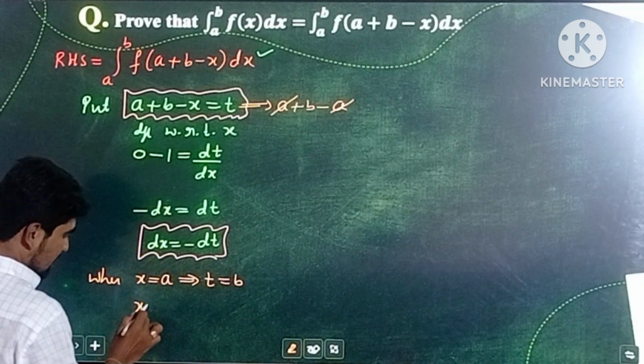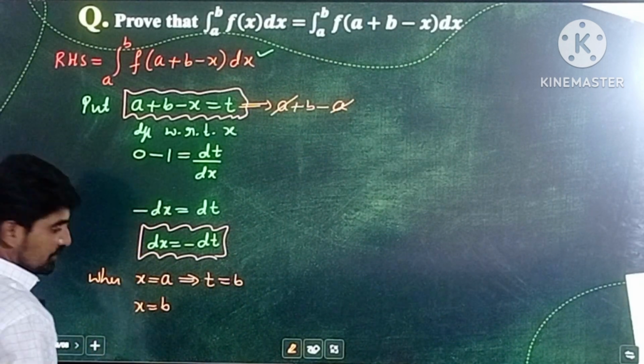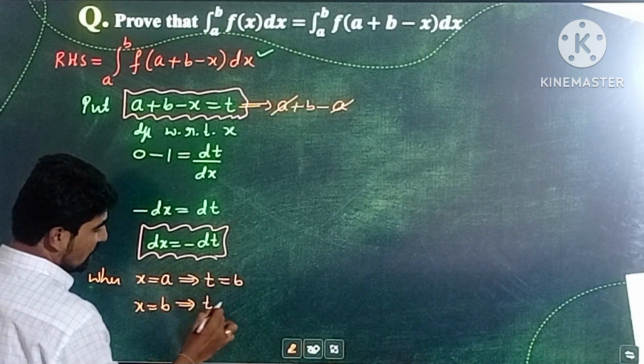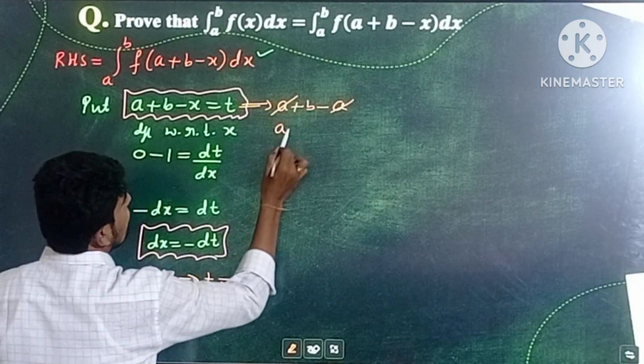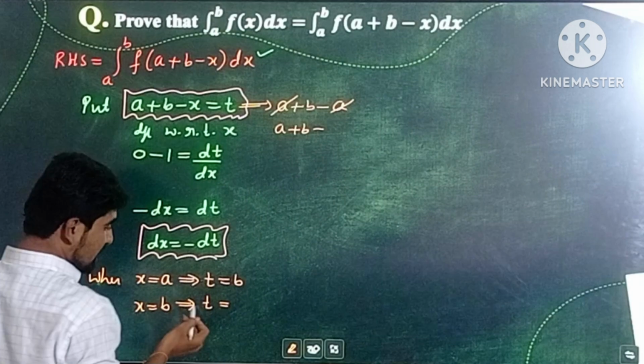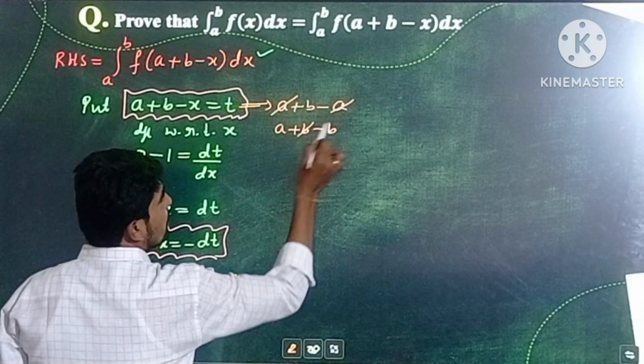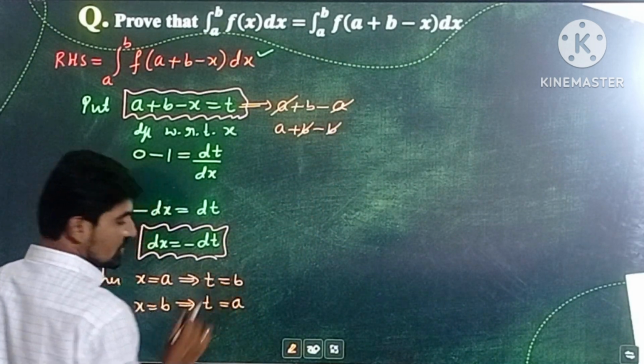And when x is equal to the upper limit b, then t equals a plus b minus b, and b minus b get cancelled, so t is equal to a.